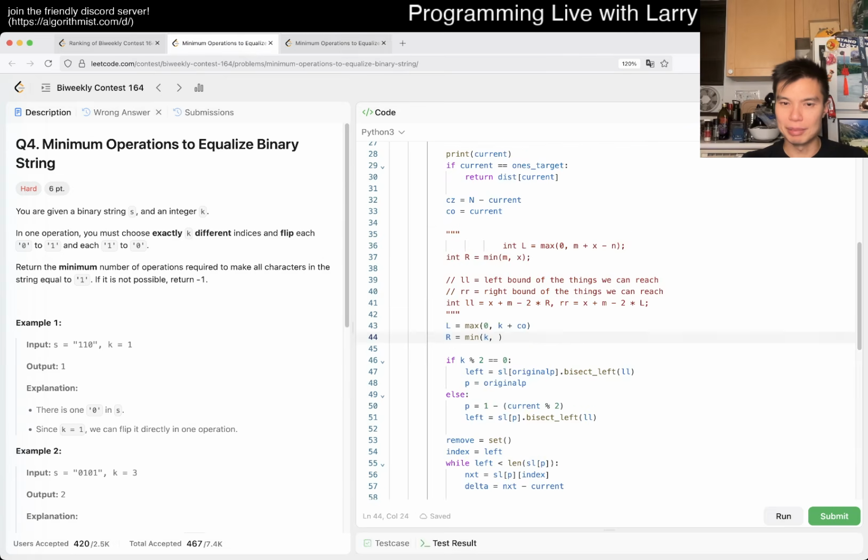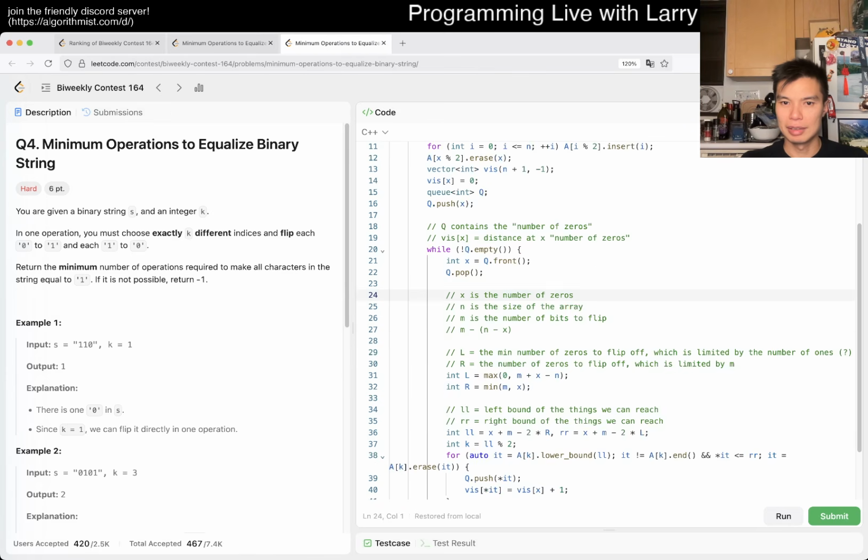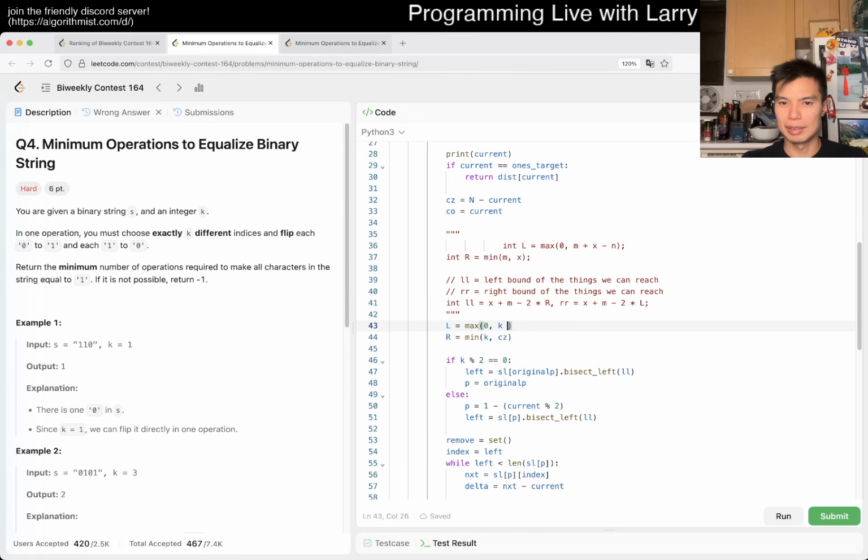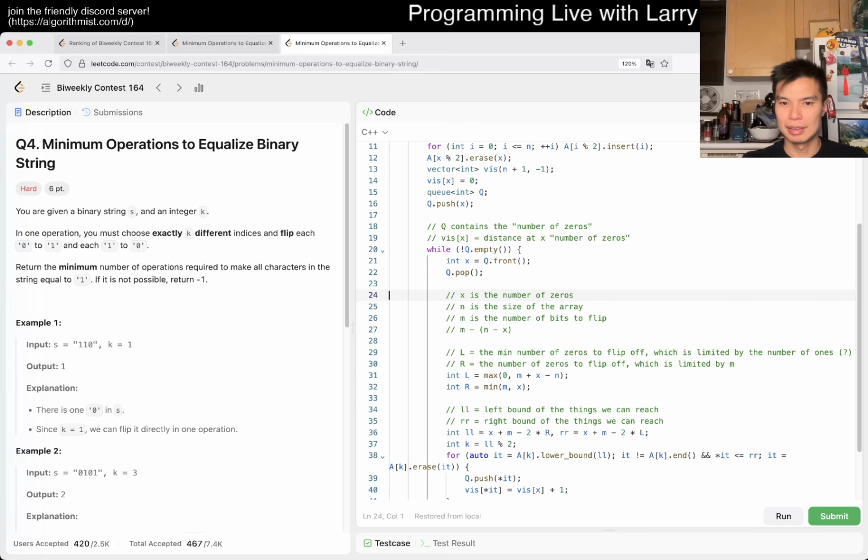What is x again? The number of zeros. So min of number of zeros, minus.